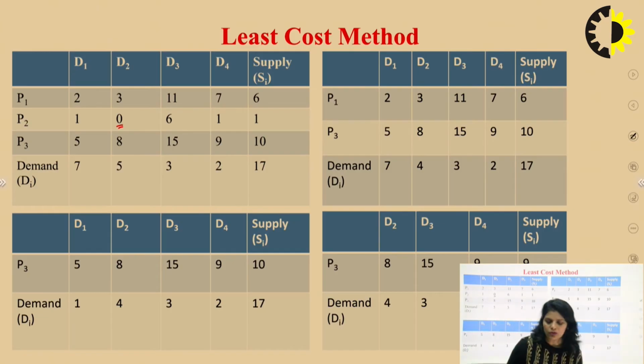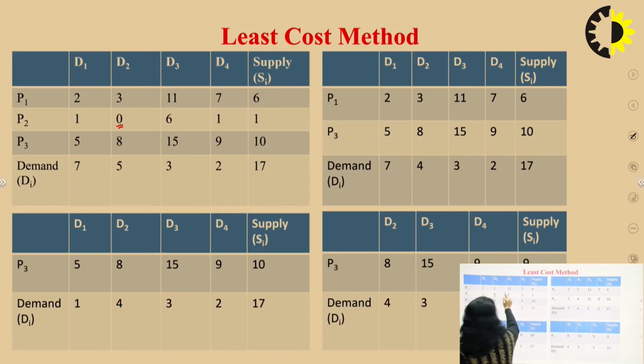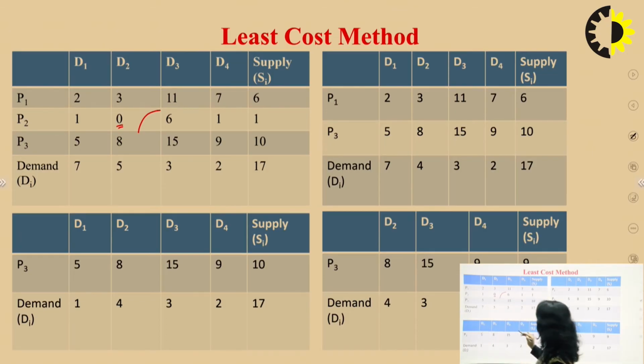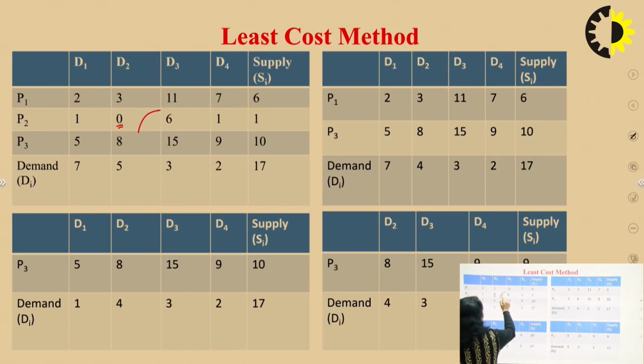So we will assign here. We can see here the supply is 1 and the demand is 5. So we can satisfy the demand of 1 only, because the supply which is available with us is 1 only. So it will become 4 here.